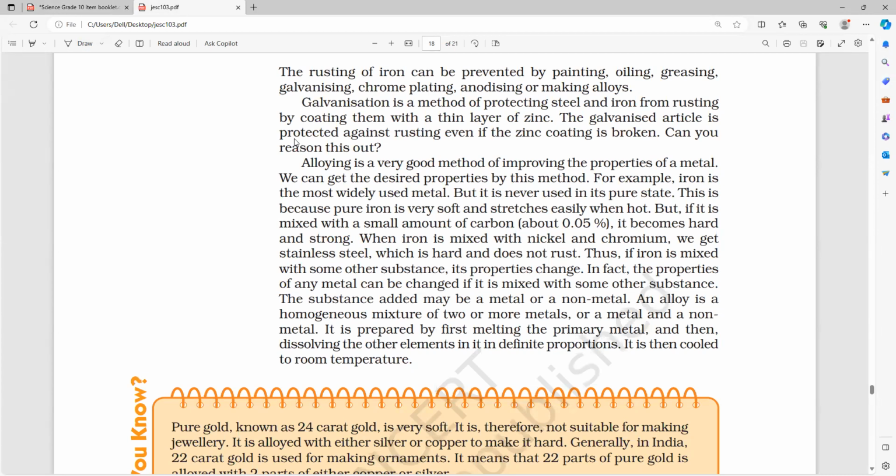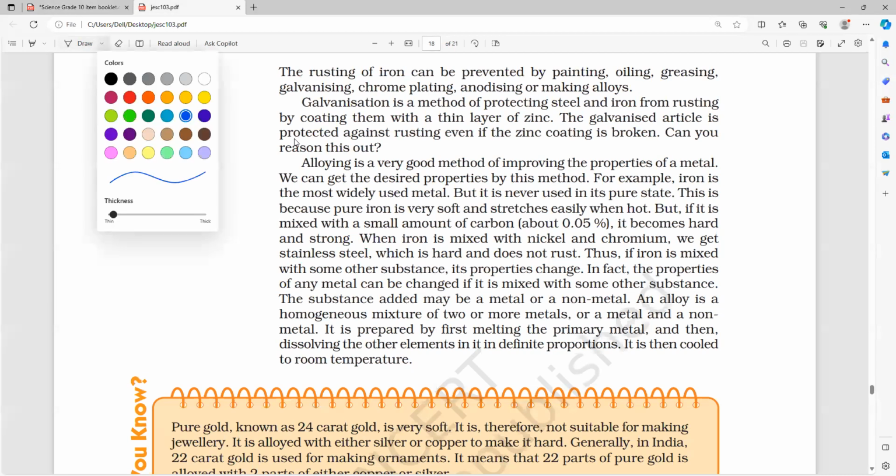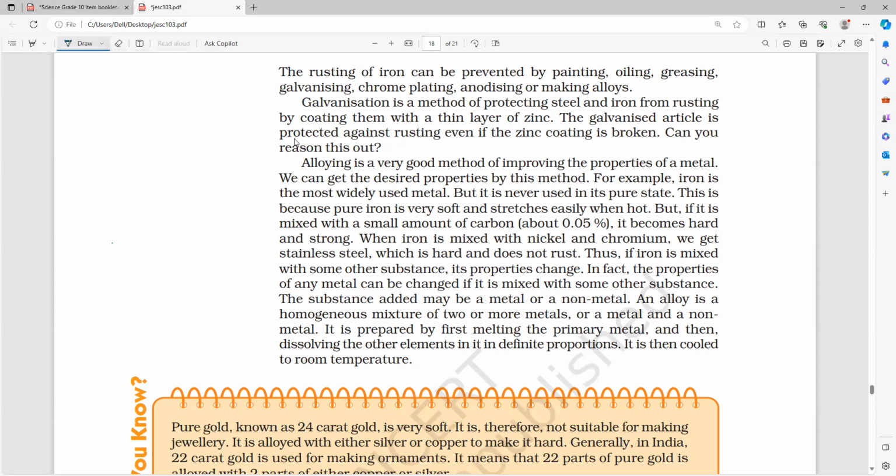First of all, you remember that by making alloys, we can prevent corrosion or not, everybody? Yes or no? By making alloys, do we prevent corrosion or not? All of you? Yes. So we can prevent rusting, the formation of rust, or we can say corrosion.